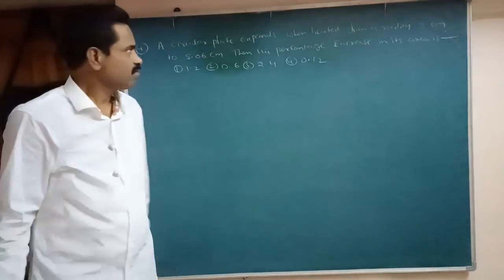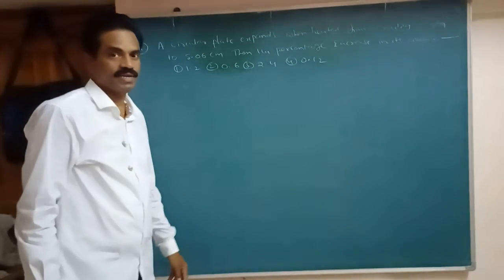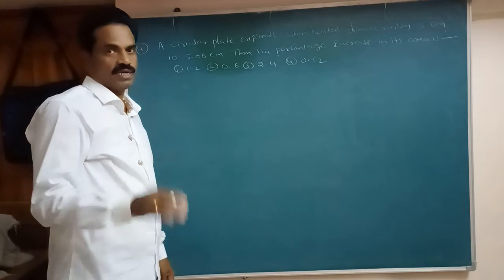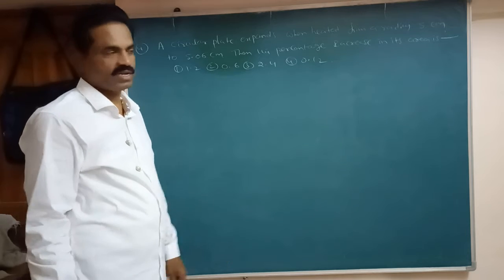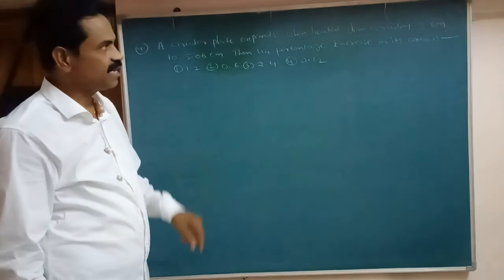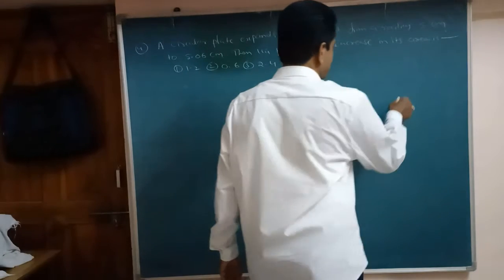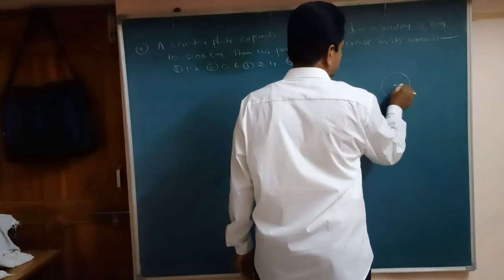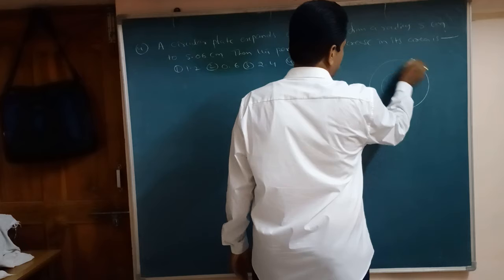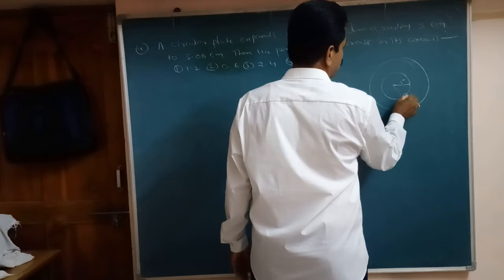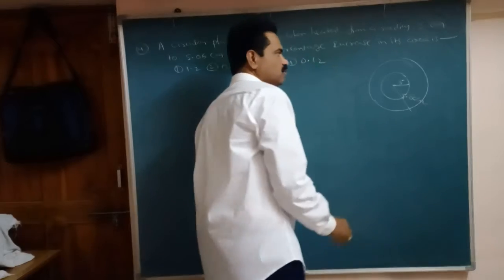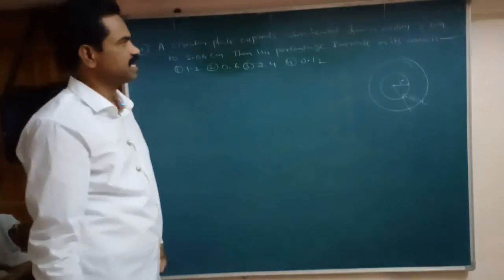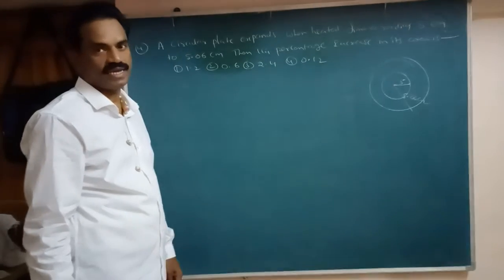See what is given here: a circular plate. So first decide it is a circle, clearly we know that. When you heat a circle of radius 5 centimeters, it expands from 5 to 5.06 centimeters. Then we need the percentage increase in its area.